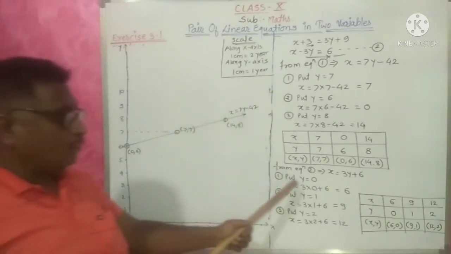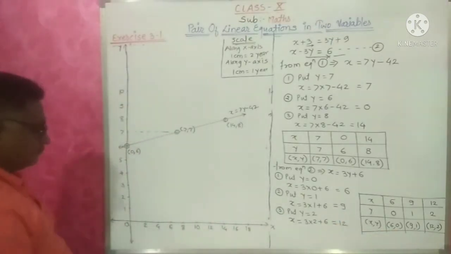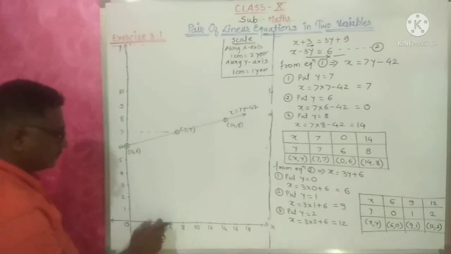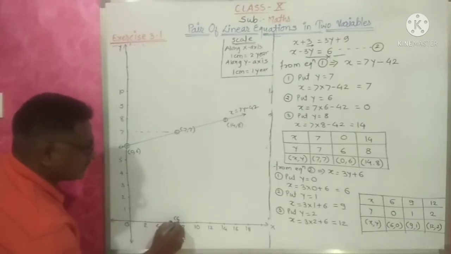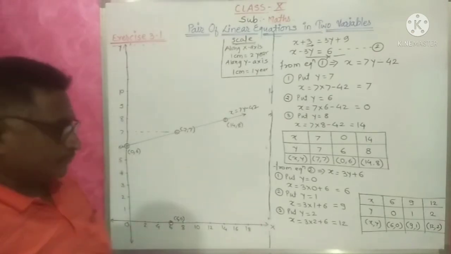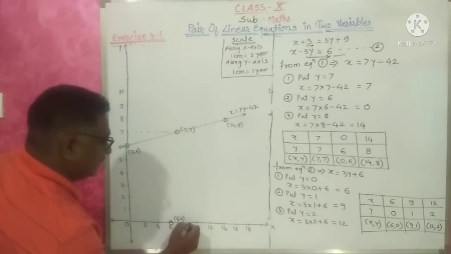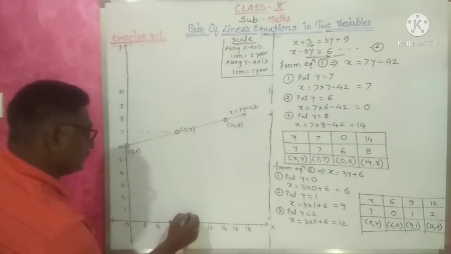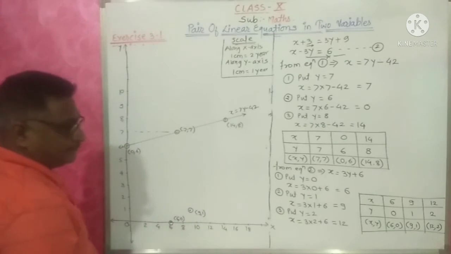Now we will go on to the second. Now 6, 0. 6 here. 6, 0. Then 9, 1. Where 9? Here. 1. Here it will come. This is 9, 1.